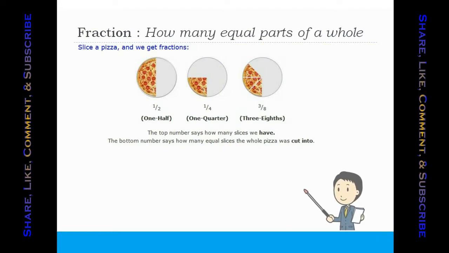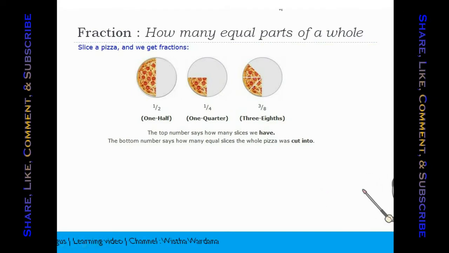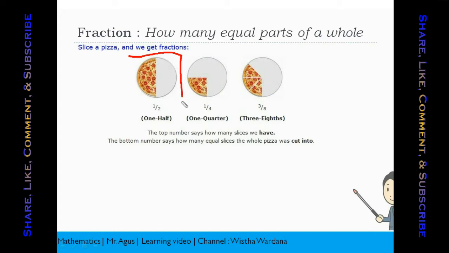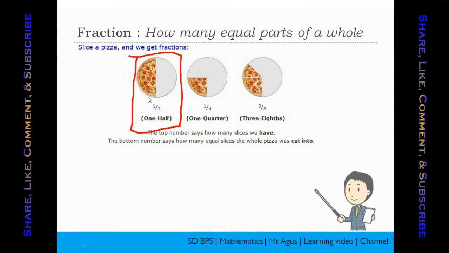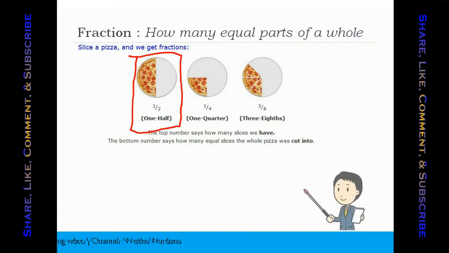If we want to cut the pizza into two equal parts, like this one, okay, like this one, we can say the one pizza that cut into two equal parts, we can say 1/2, yeah.